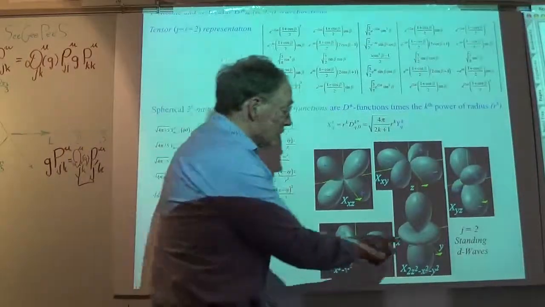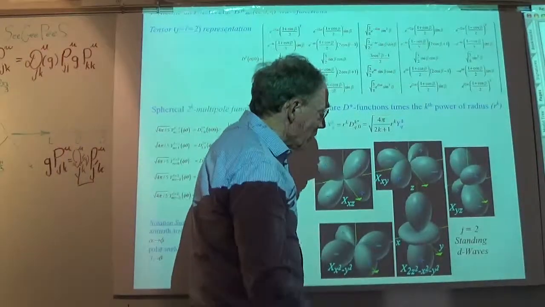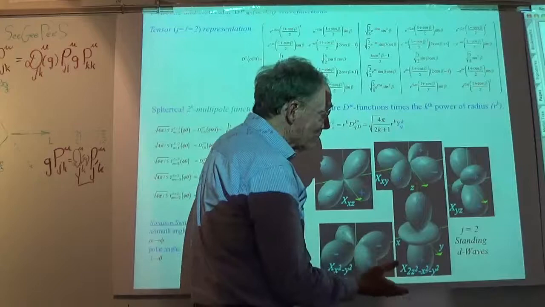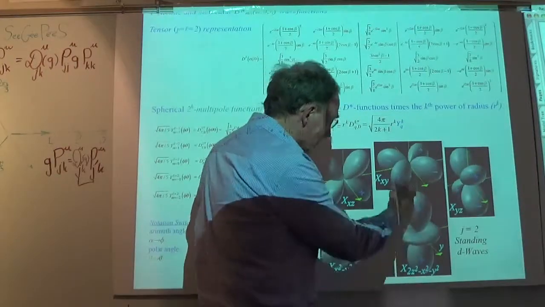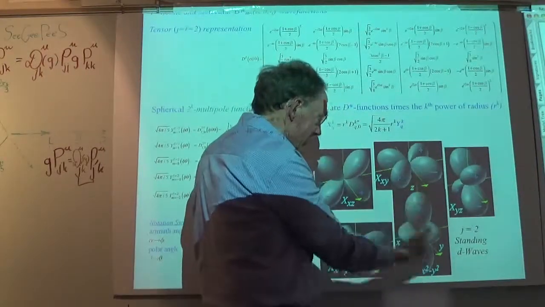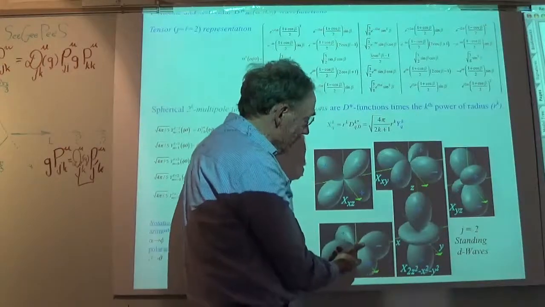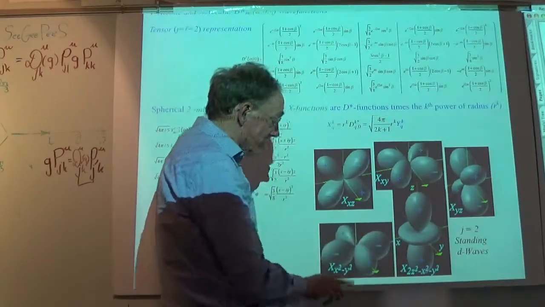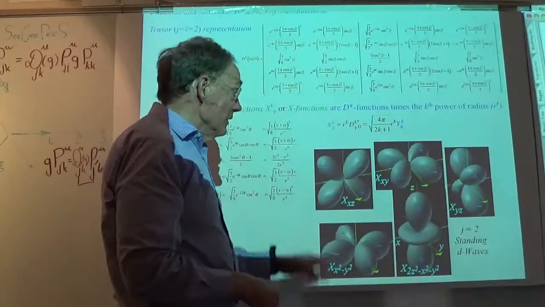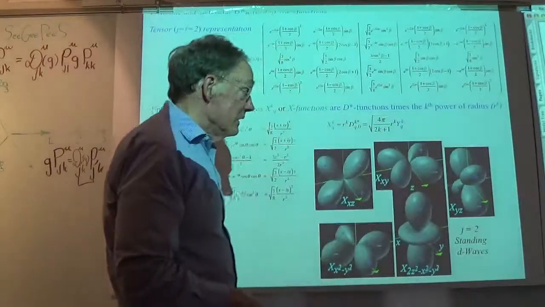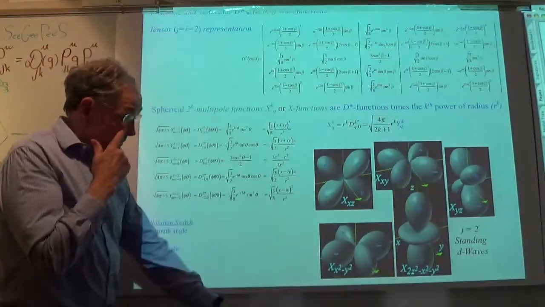And then finally this one right here, which has 0 angular momentum around the z-axis, and therefore it's just hugging the z-axis. This one's avoiding the z-axis, but it's kind of chummy with the xy axes. And then these things are just avoiding the x-axis themselves.